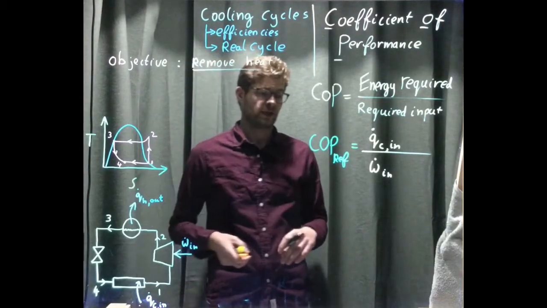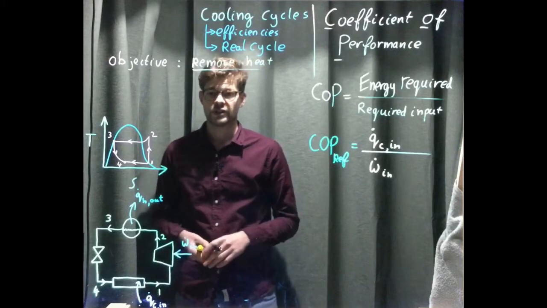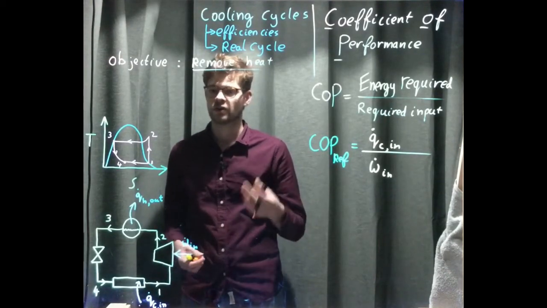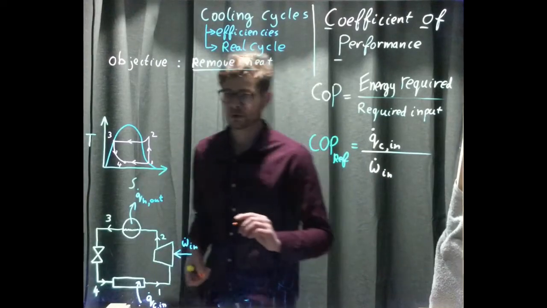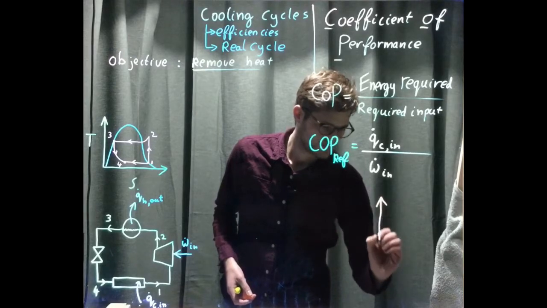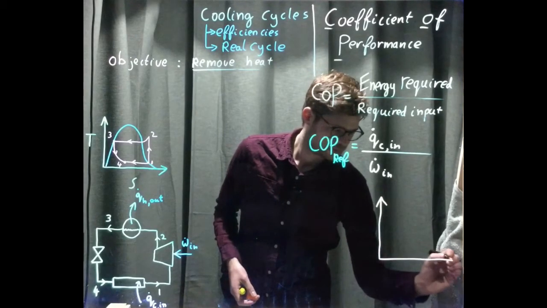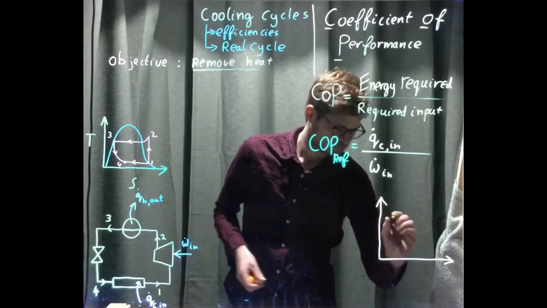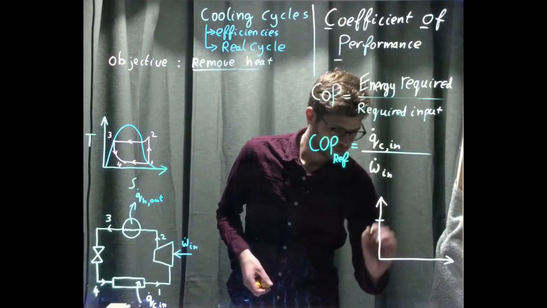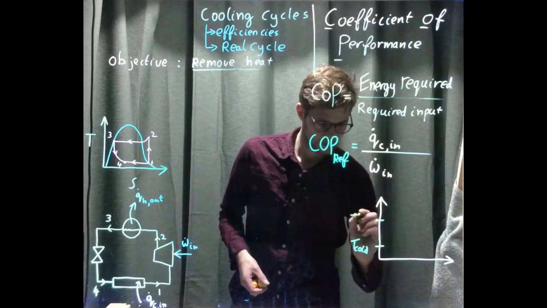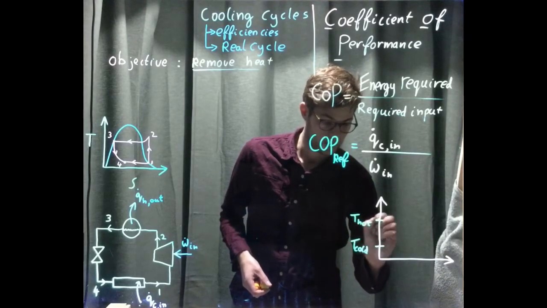In order to calculate the Carnot efficiency, we have to regard the process as a Carnot process, the most ideal process. And a Carnot process looks like this in a TS diagram. We have two temperatures, T cold, the lower temperature, and T hot, the higher temperature.